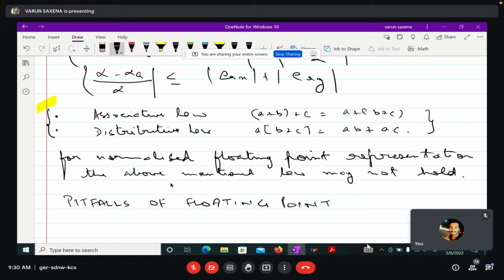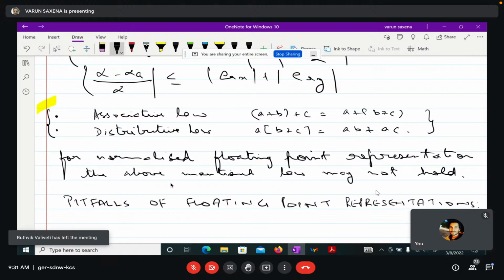When we do those numericals, we'll revisit these pitfalls, and it will become very evident that these laws do not hold when we talk about floating point. Okay, so I'm just pointing out things. They will become more evident when we try to prove them by doing some numericals. So, pitfalls of floating point representation. Right now I'm simply writing it, and we will revisit them through numericals.